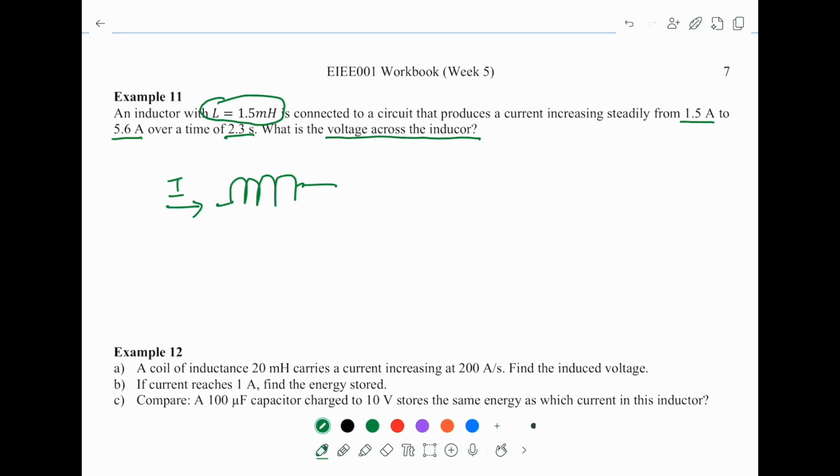The EMF induced, which is V, or sometimes you can use EMF, it doesn't really matter, is proportional to the change of current, and the proportional constant is the inductance.